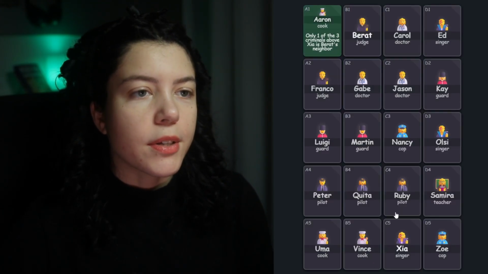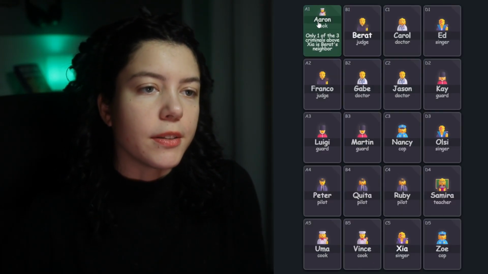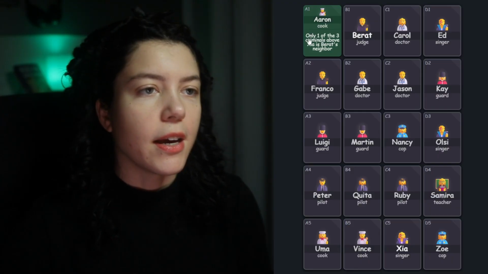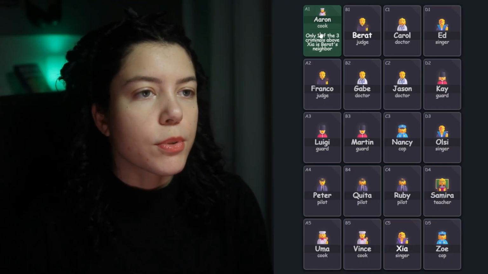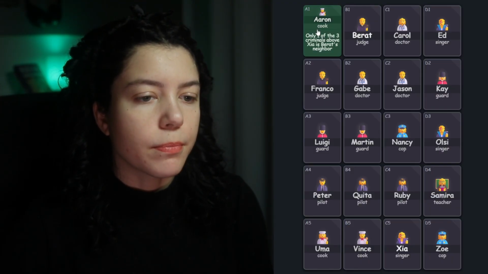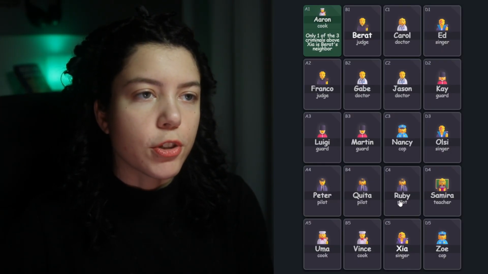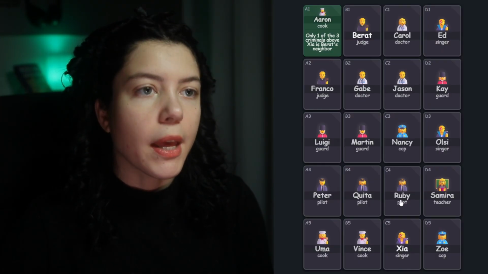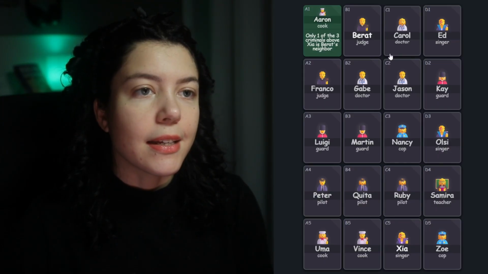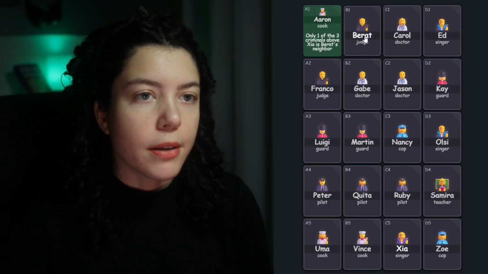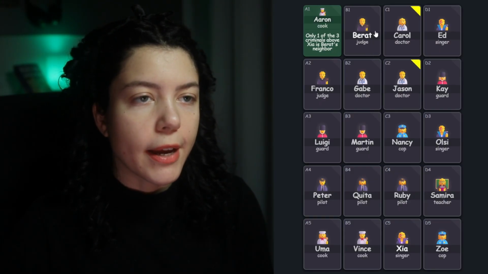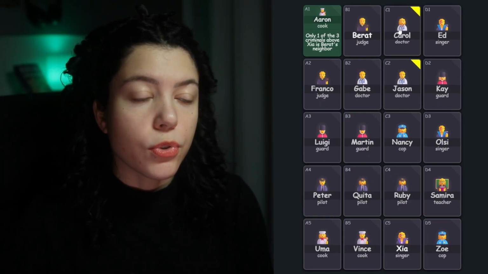So we start with Aaron. The first person on the board is telling us that only one of the 3 criminals above Sia is Barrett's neighbor. So there's 4 people above Sia and 3 of those are criminals, which means only one innocent. And that innocent is gonna be neighboring Barrett, right? Because there's 2 people neighboring Barrett, and only one of those is a criminal.